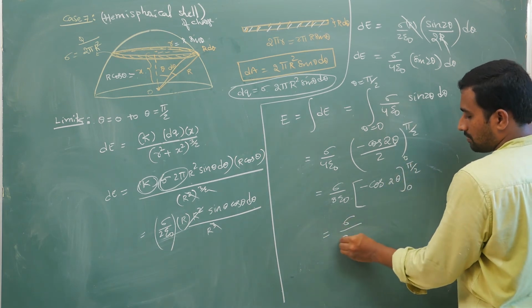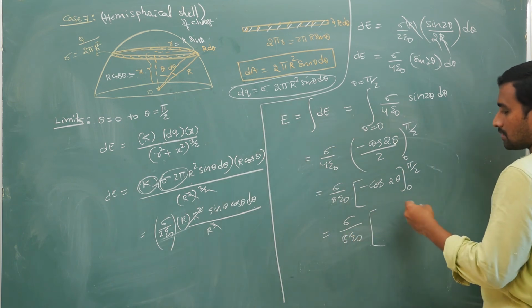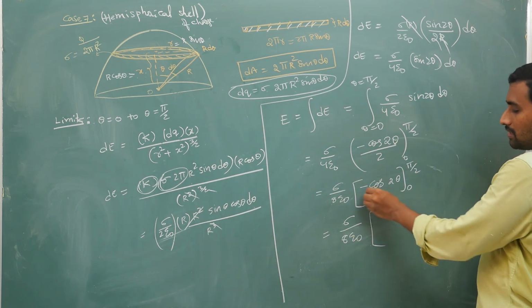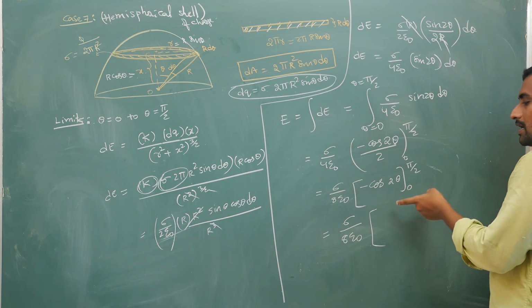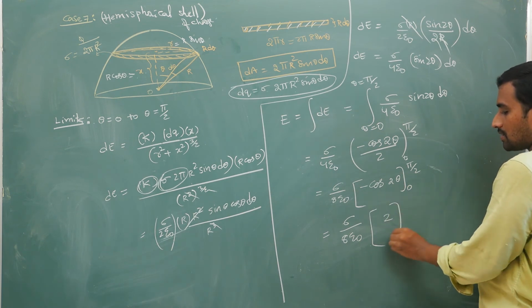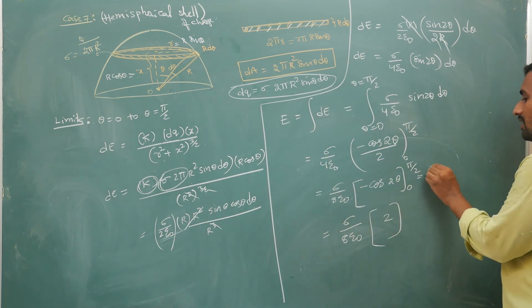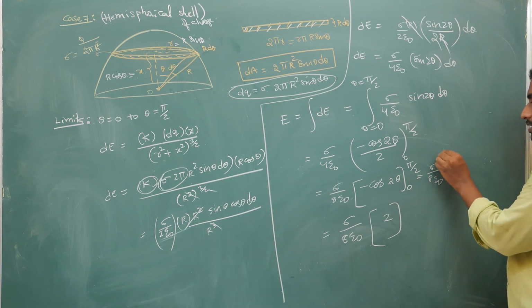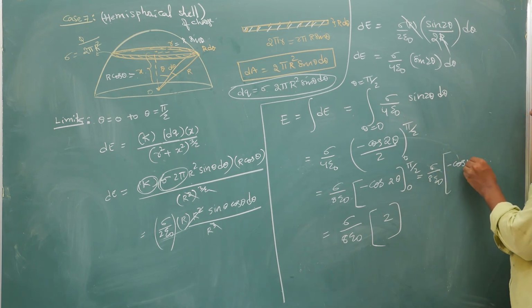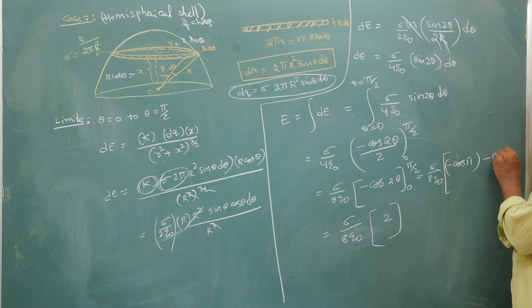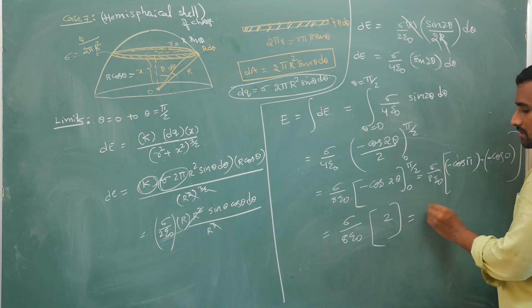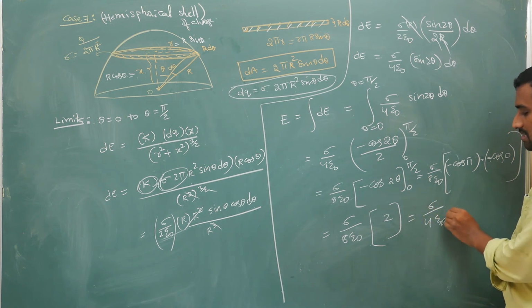Cos pi is minus 1, so minus of minus 1 plus 1, minus of minus cos 0, that will give you 2, okay. If you have any doubt, sigma by 8 epsilon naught times minus cos pi minus cos 0, that will give you sigma by 4 epsilon naught is the field.